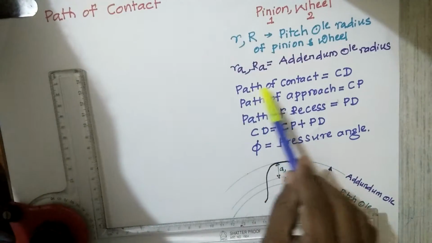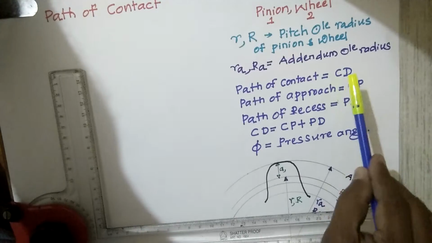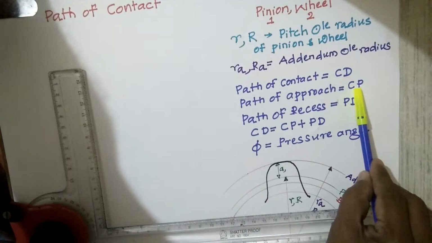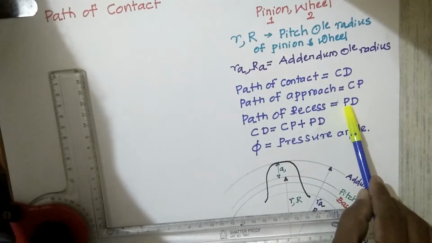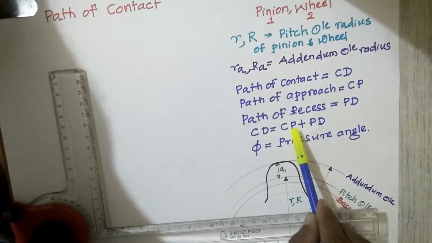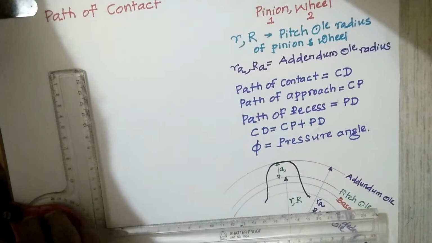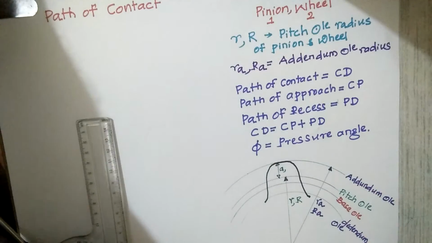The path of contact I will take as CD, the path of approach as CP, and the path of recess as PD. CD equals CP plus PD. Then phi is the pressure angle.